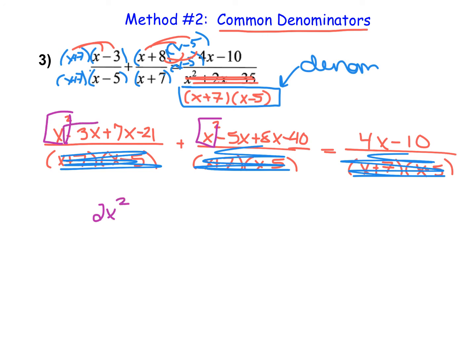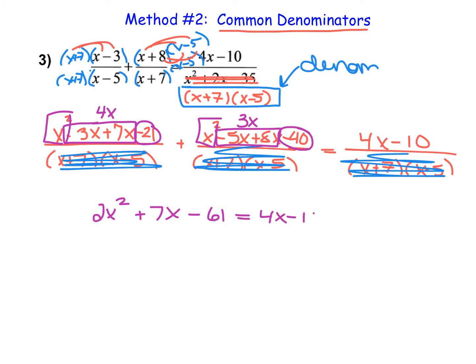I then have a couple of different things with x being added. So I know that -3x and 7x become a positive 4x. These two here become a positive 3x. So added together, I have a positive 7x. And then -21 and -40 add together to be -61. And that is equal to 4x minus 10.